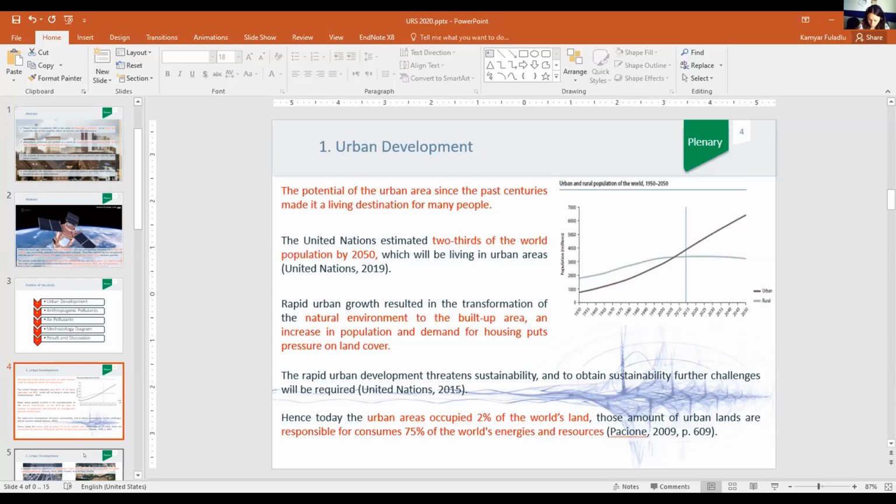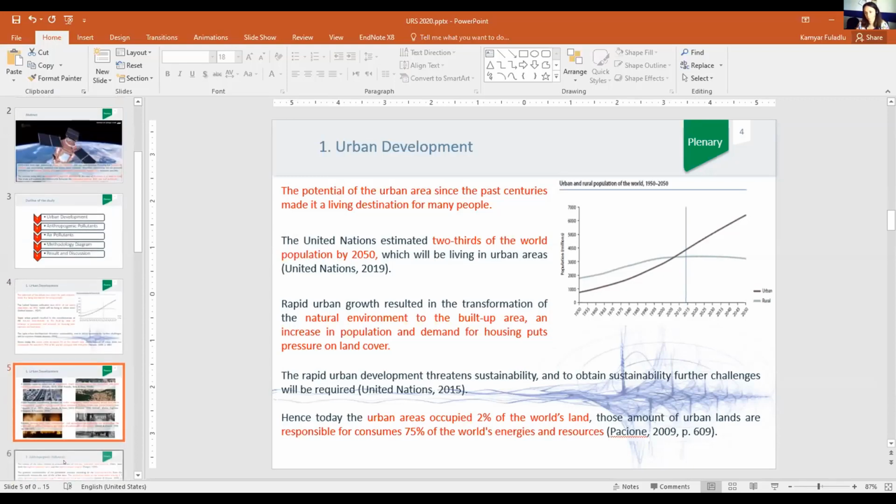So rapid urban development is always a challenge and a threat to sustainability, especially environmental sustainability. We know that urban areas occupy only 2% of the world's land, but these 2% are responsible for consuming 75% of the world's energy and resources.